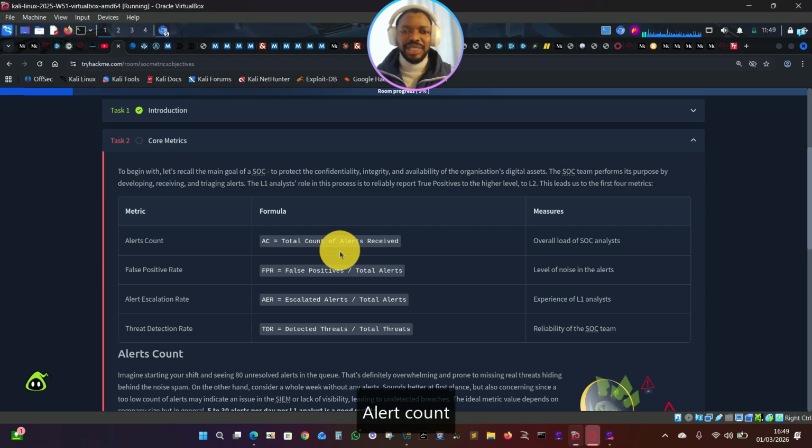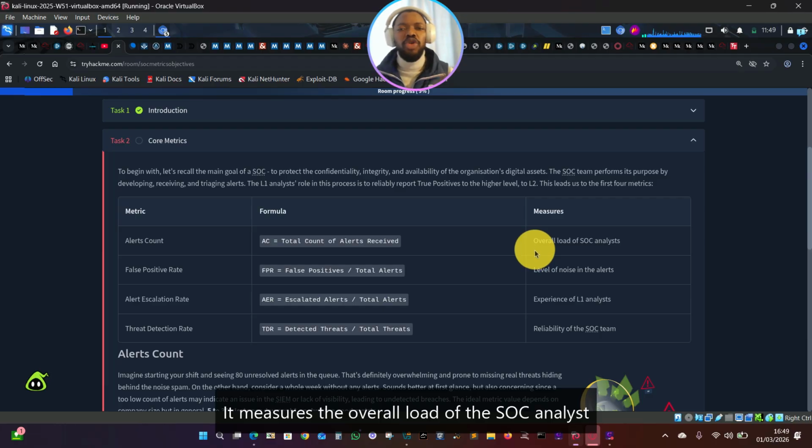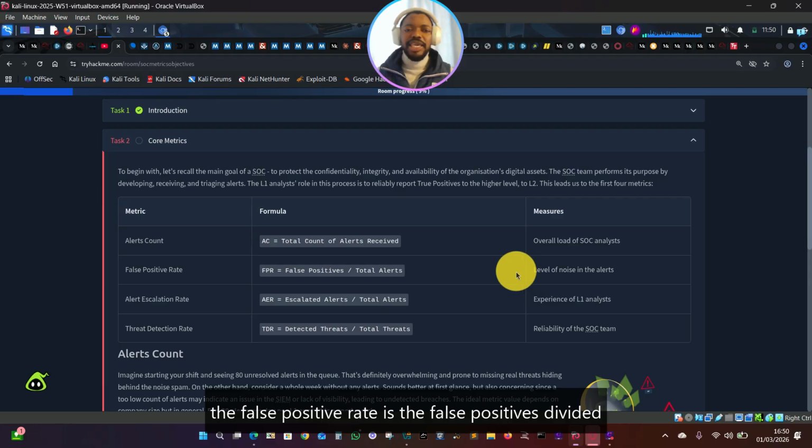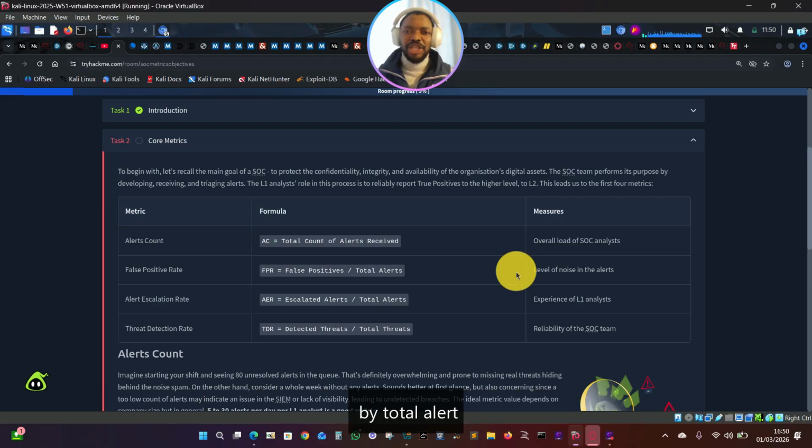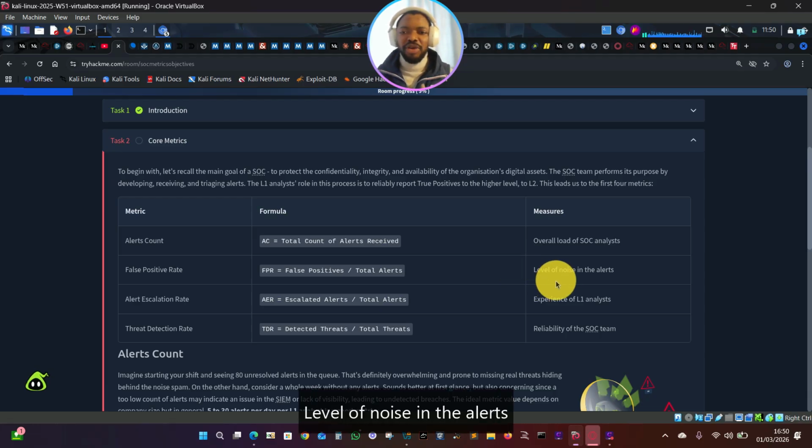Alert count is the total count of alerts received. It measures the overall load of the SOC analyst. The false positive rate is the false positives divided by total alerts. What does it measure? The level of noise in the alerts. The third one is alert escalation rate.